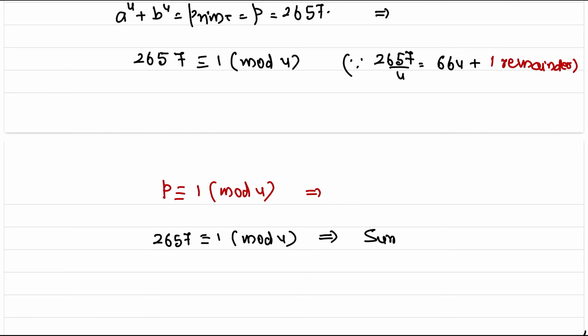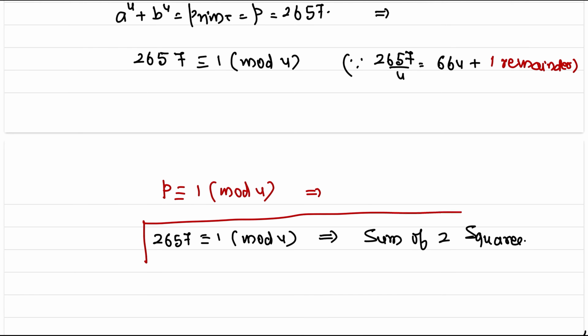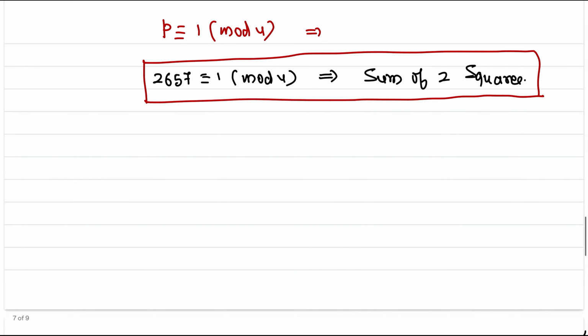It is another theorem of number theory. That implies there are numbers m and n such that m square plus n square is equal to 2657.